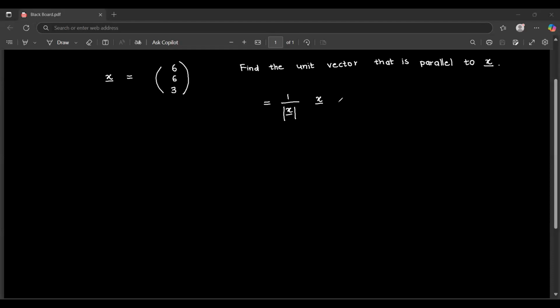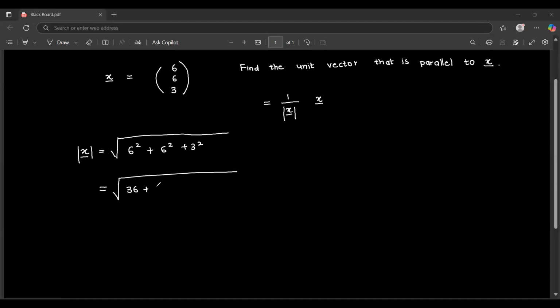What is the modulus of x? We know how to find that. The magnitude of x will be the square root of 6 squared plus 6 squared plus 3 squared, which is 36 plus 36 plus 9, the square root of 81, which gives us 9 units.